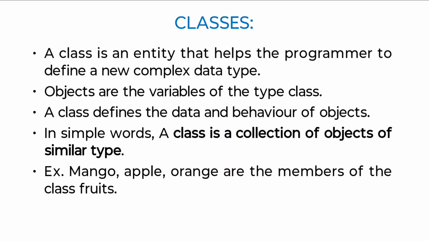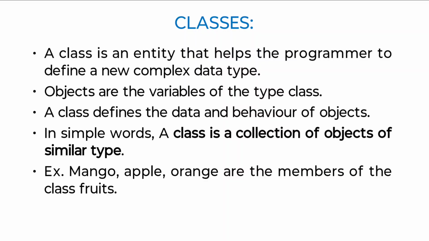A class is an entity that helps the programmer to define new complex data types. In a class, objects are the variables. A class is defined as the data and behavior of the object. So an object is classified as state and particular behavior. In simple words, we can say a class is a collection of objects of a similar type.